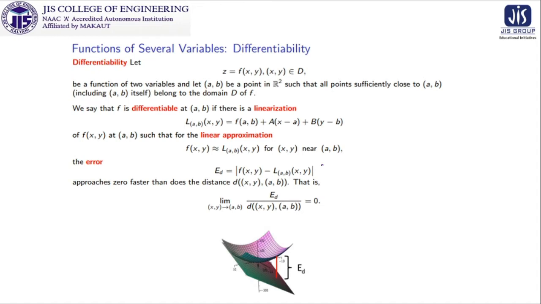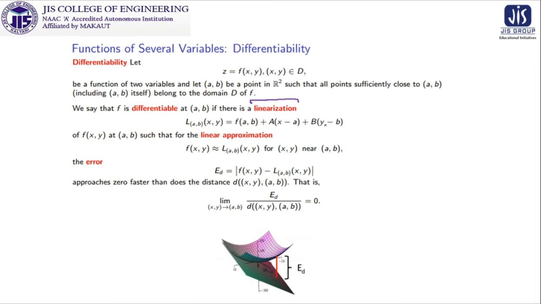Now we are approaching the function of several variables in another manner. For differentiability, we assume z is a function of x and y in the domain D, and we say f is differentiable if there is a new term, the linearization L(x,y) equal to f(a,b) plus capital A into (x minus a) plus capital B into (y minus b).